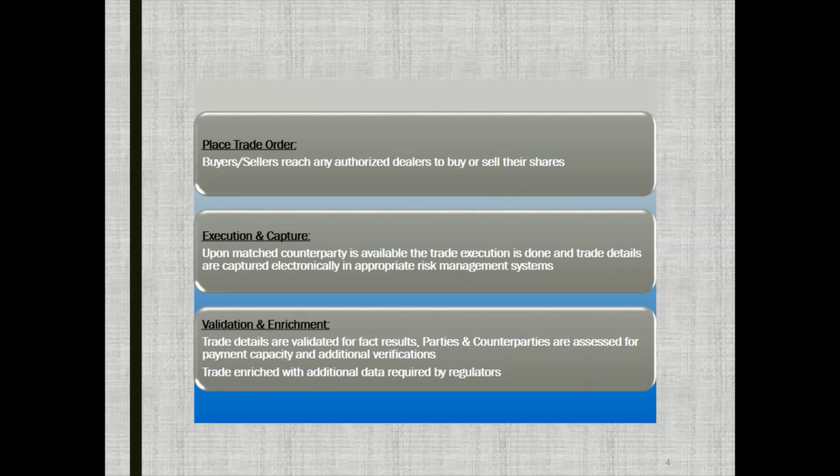Once this validation is done, this is always done in the market, where regulations are there and you need to meet certain trading norms which are set globally. There may be extra details needed depending on where we are located, what we are going to trade, with whom we are going to trade, and whether it comes under exchange traded.